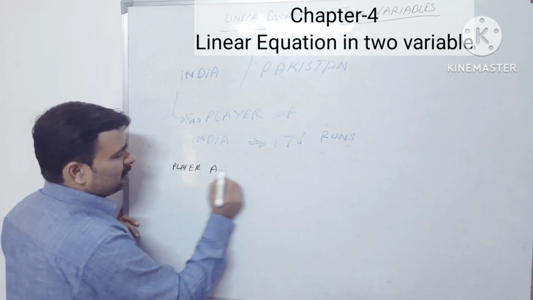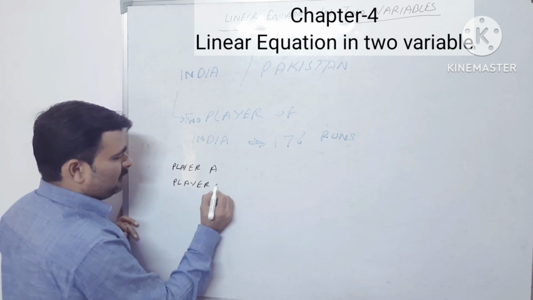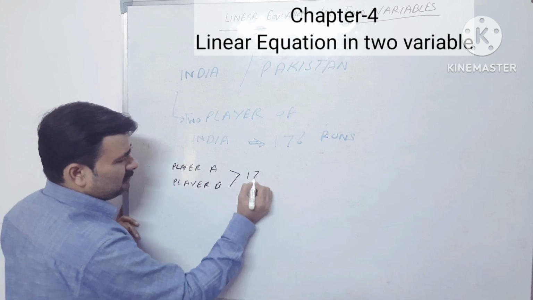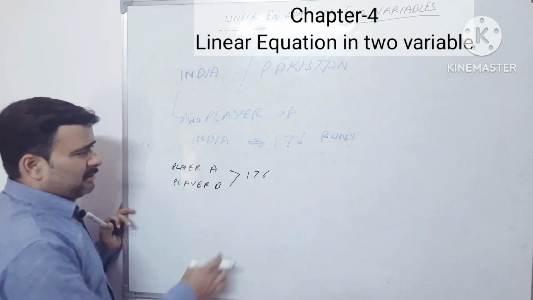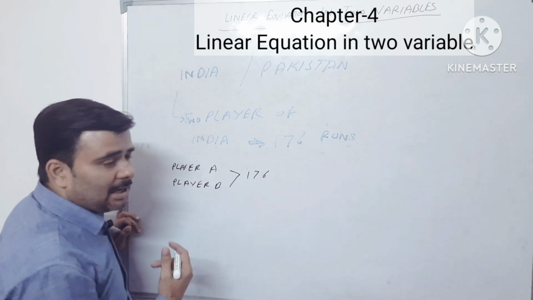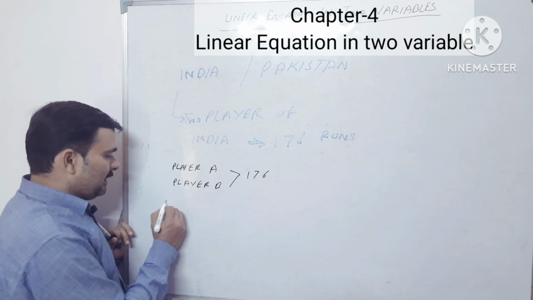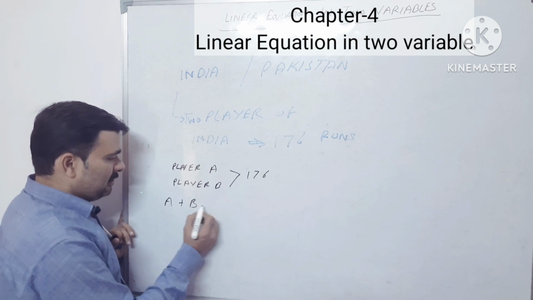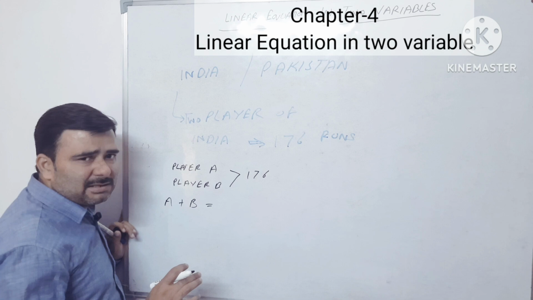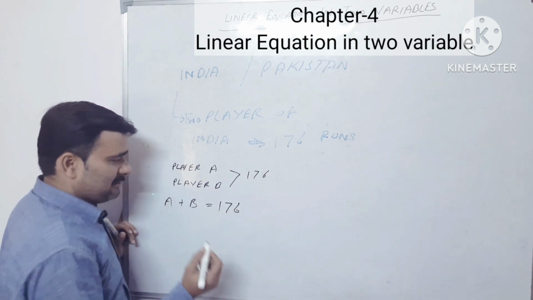player A and player B both run equals to 176. What I want to say is that when the runs of player A and player B are added, it becomes 176 runs.